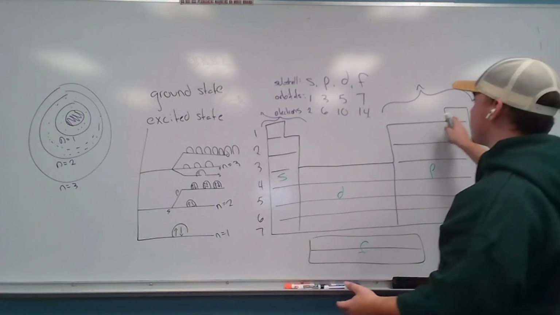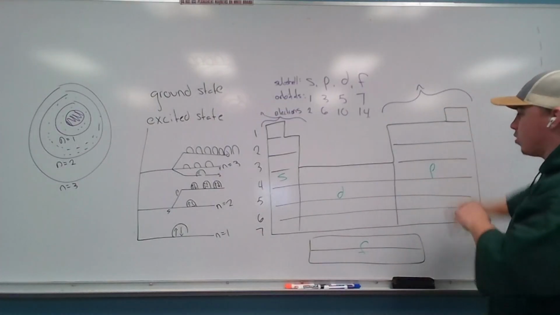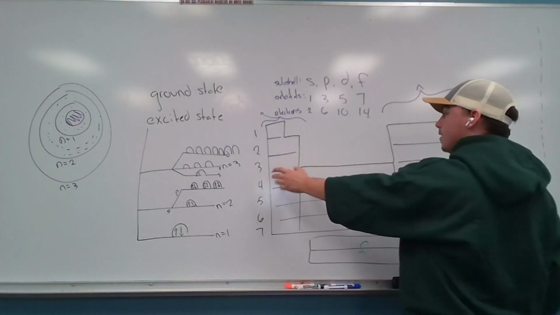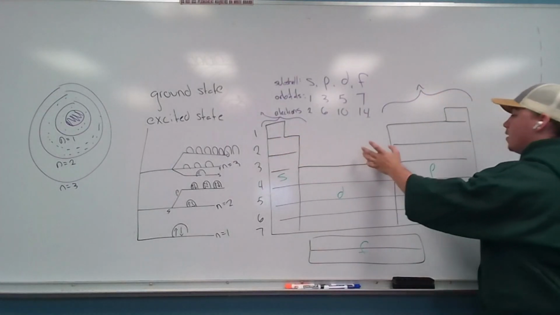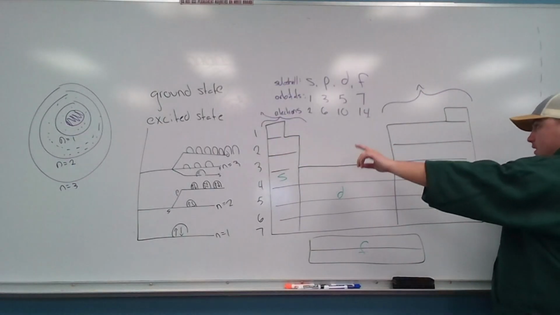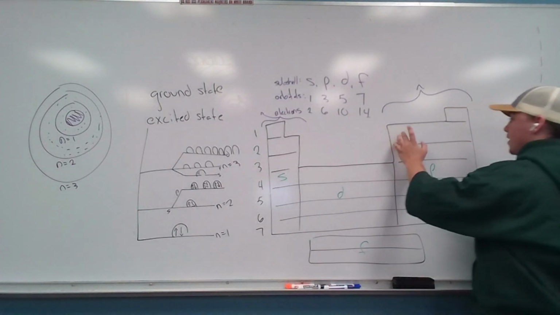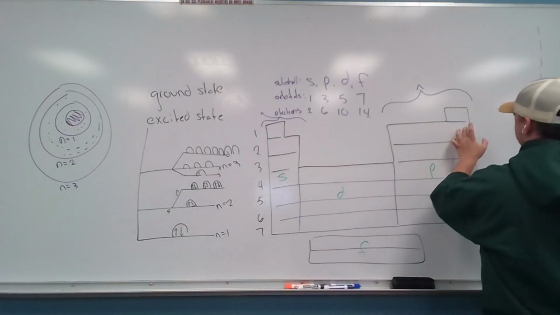Helium is kind of weird; we just pretend it's over there. Helium belongs in the S block, but it's an exception. Beyond that, the D block isn't going to fill up on our second shell. It's going to go S, and then P. So you're just reading left to right, left to right.